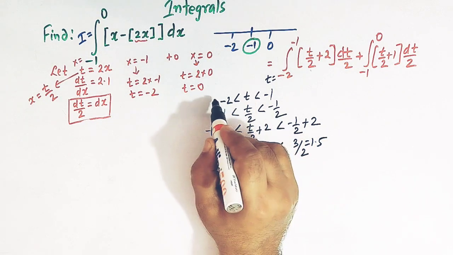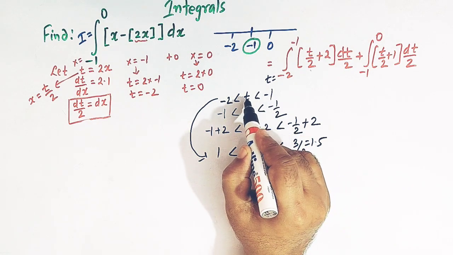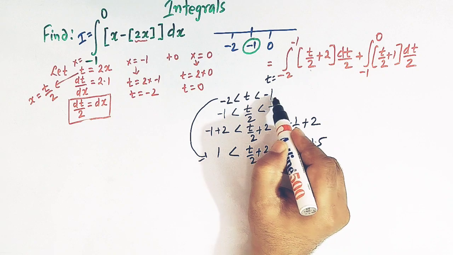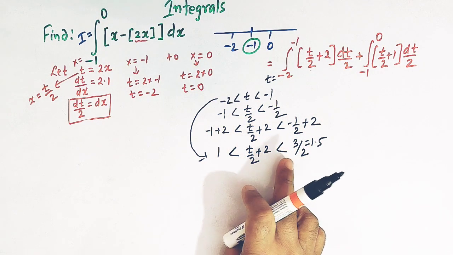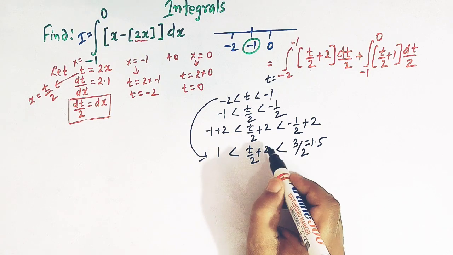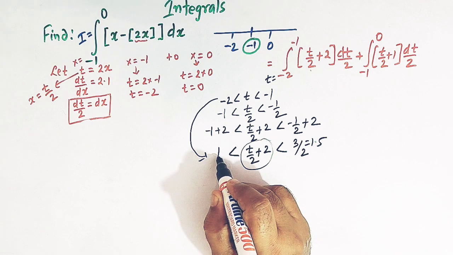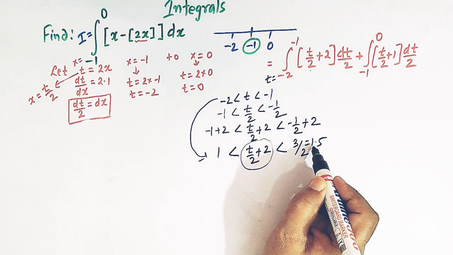So what we have got here from this inequality, that is t greater than -2 and less than -1, we have obtained this one. So this inequality suggests that t over 2 plus 2 lies between 1 and 1.5.